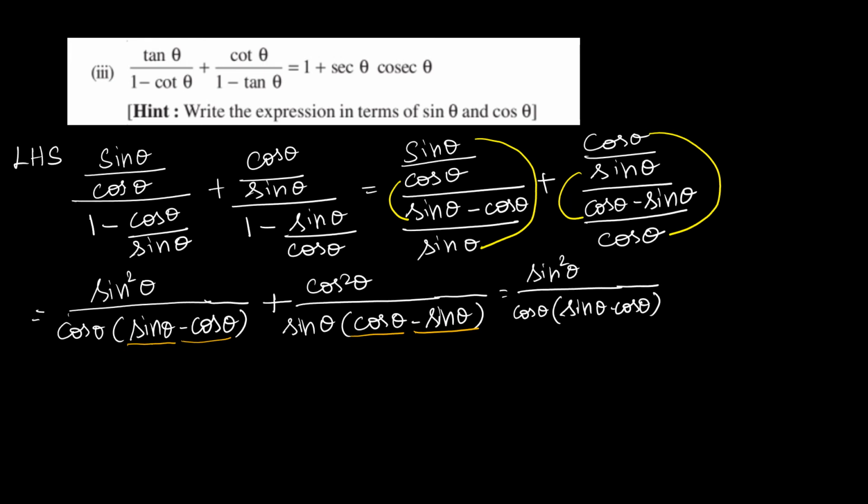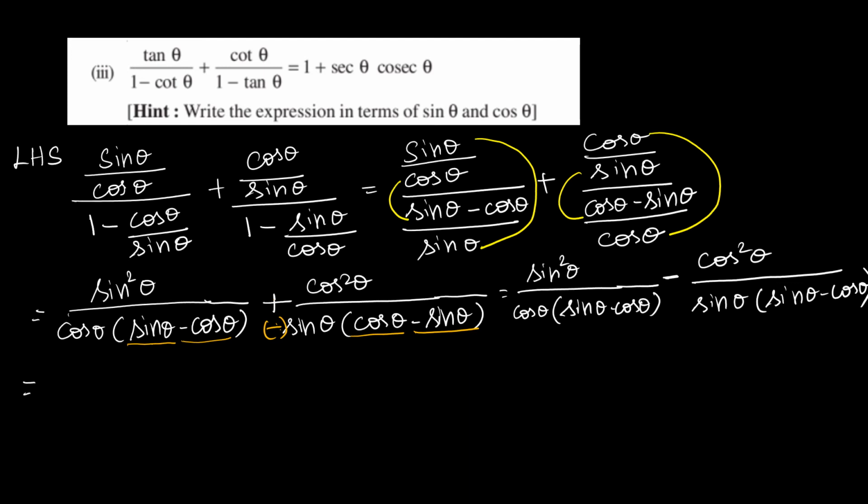When I take minus, it will come here as minus, and this minus I am going to multiply over there, right? So minus cos square theta by sin theta into sin theta minus cos theta, right?